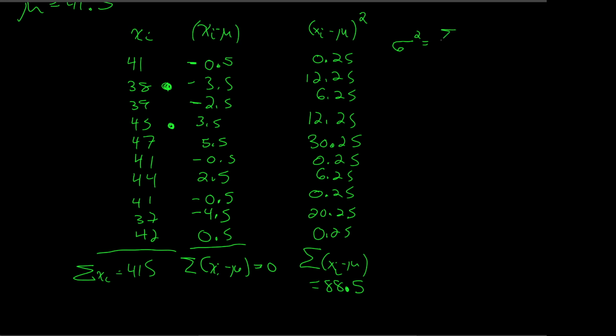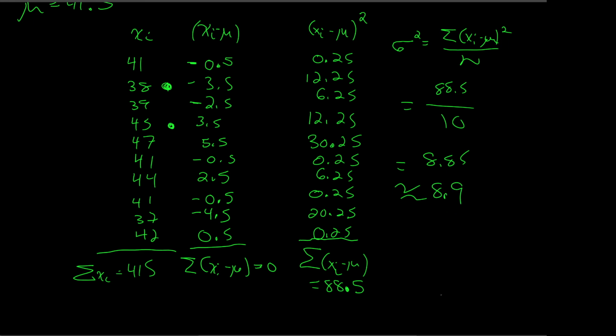Again, I'll rewrite my formula over n. Well, we know that this sum now, because I add up this column, again, take your time, plug it on the calculator, add up this column, is 88.5, and my n was 10, and so my variance is 8.85, or approximately 8.9.